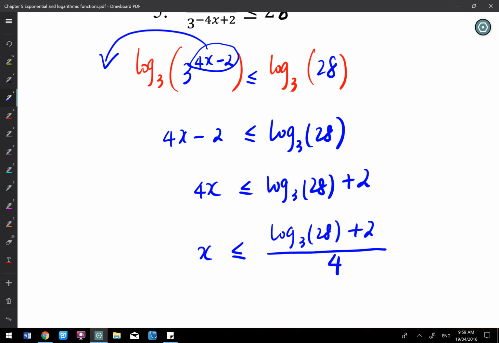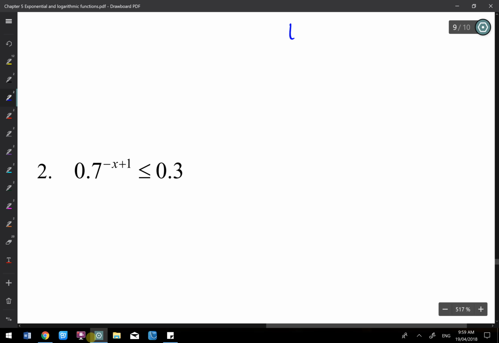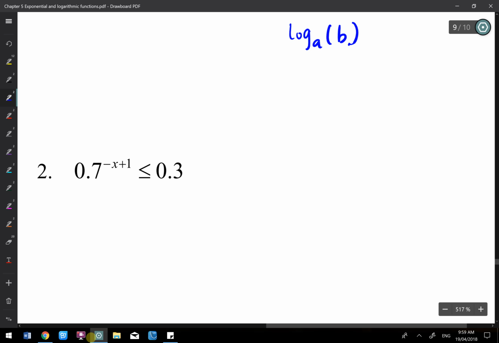Okay, after we know this, let's go to the top. Before we do this question, I'll give you something. For log, you can't tell just by looking at it whether it's negative or positive. So you need to be aware of when it's negative and when it's positive.